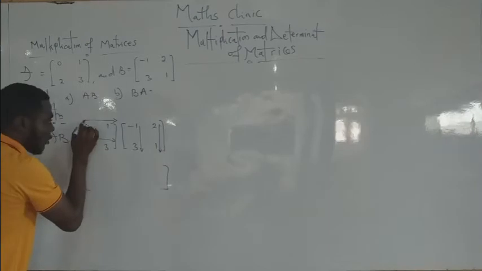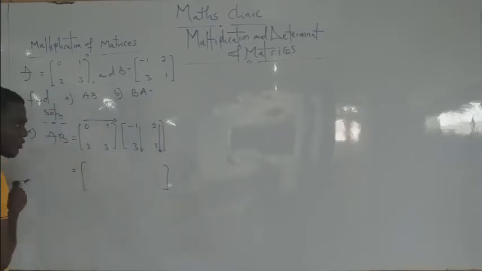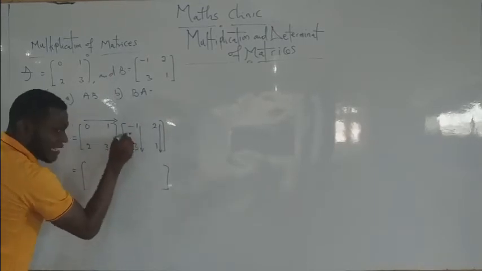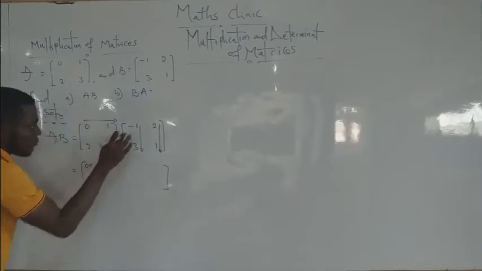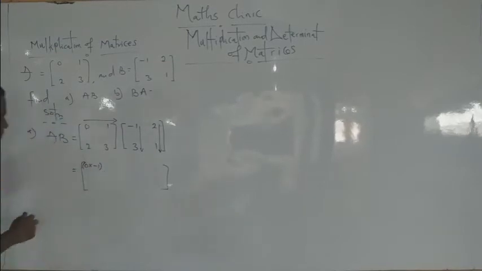Look at the direction of the arrow. Let's remove this first. So we're going to pick this first. That is 0. 0 times what do you have here? That's minus 1, in brackets.